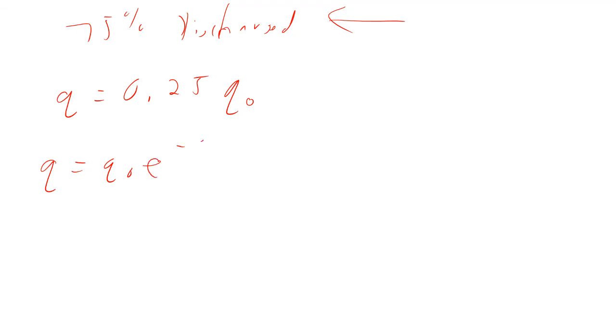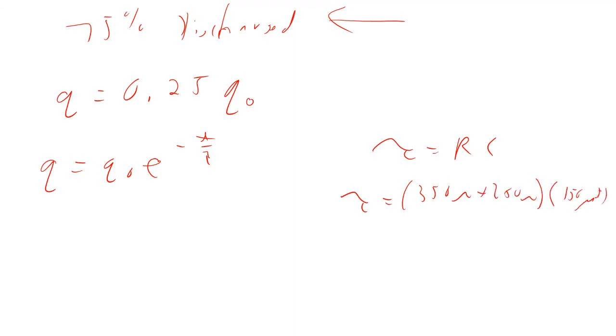So now Q equals Q naught e to the minus t over tau. Now what is tau? That's RC. RC is now the total 350 ohms plus 250 ohms times the 150 microfarads. So tau is going to be equal to 0.090 seconds. And Q equals 0.25 Q naught, so 0.25 Q naught equals Q naught e to the minus t over tau.